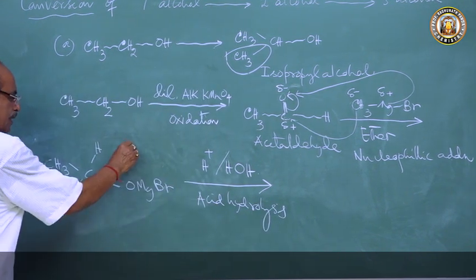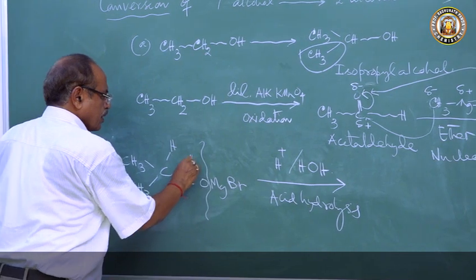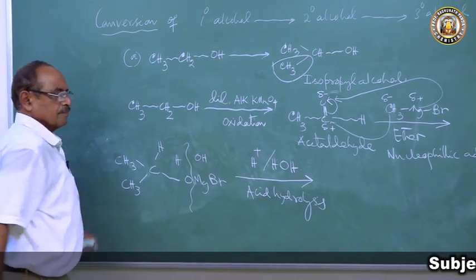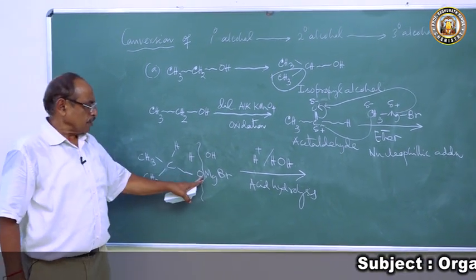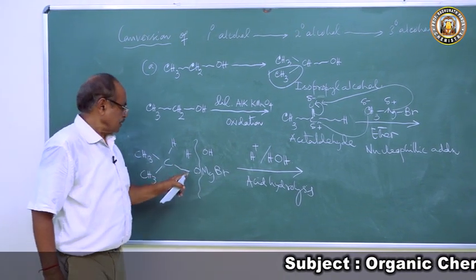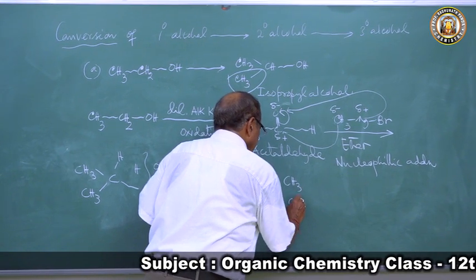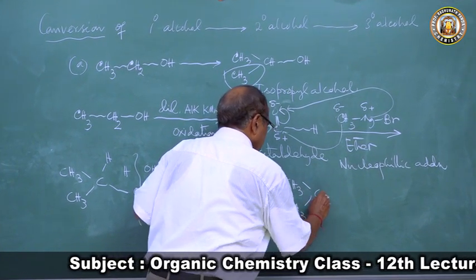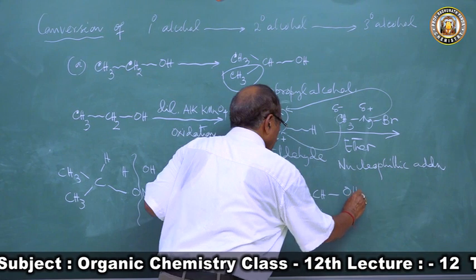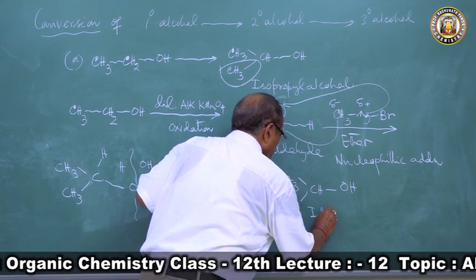So what will happen? Here the break takes place, H and OH. So at oxygen atom, the hydrogen will take, we get here CH3CHOH, we got isopropyl alcohol.